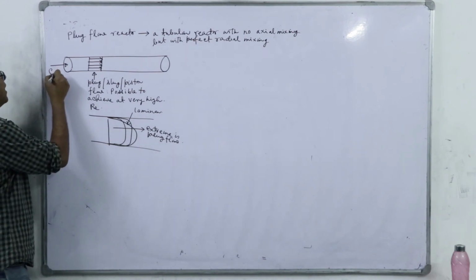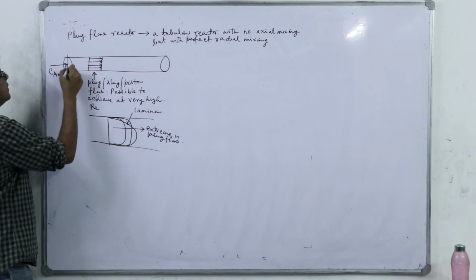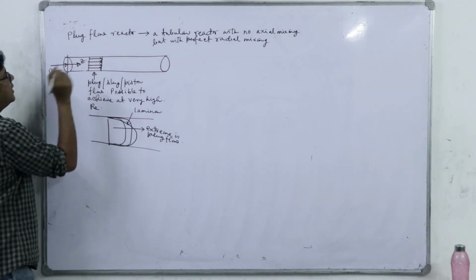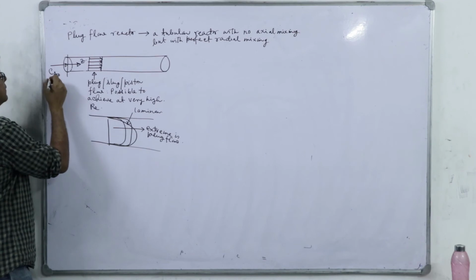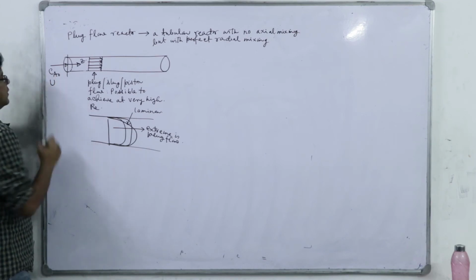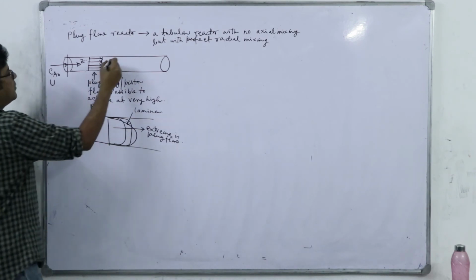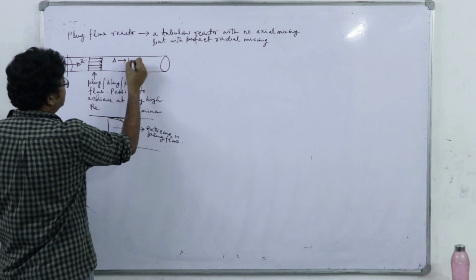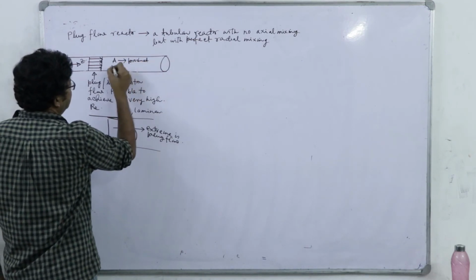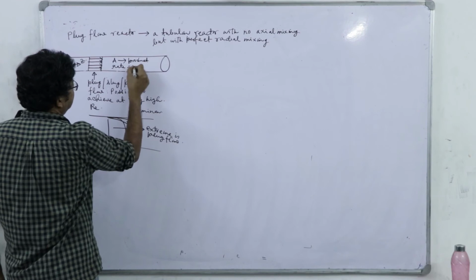So here we have Ca naught, this is Z, only one directional, and its velocity is also u, right. A reaction is taking place, say A giving product, and the rate is minus Ra.